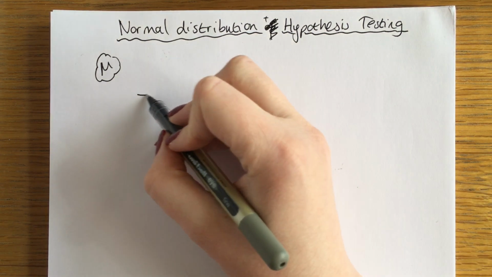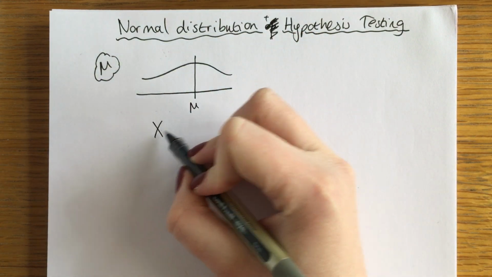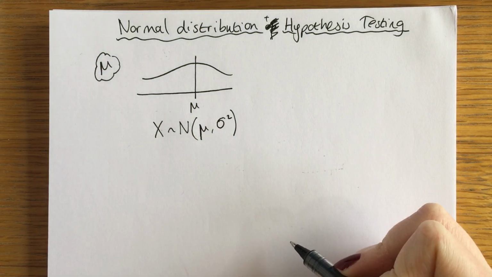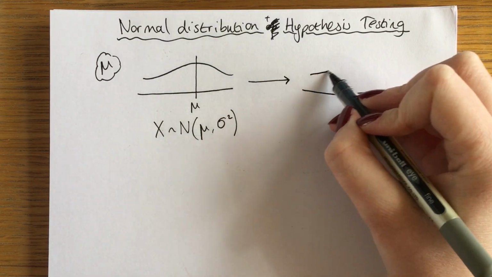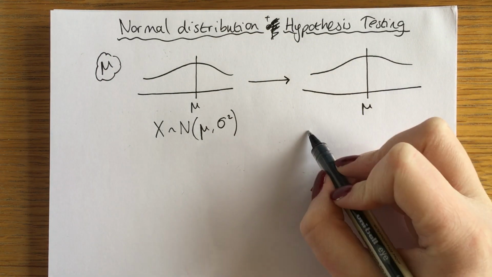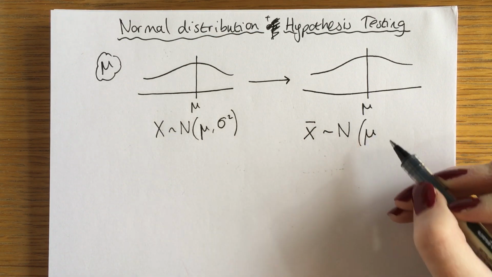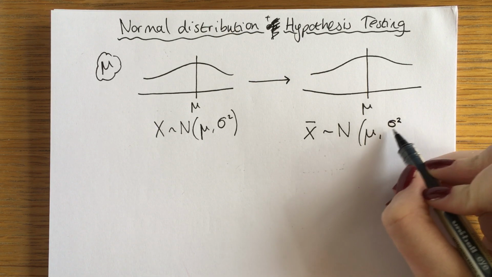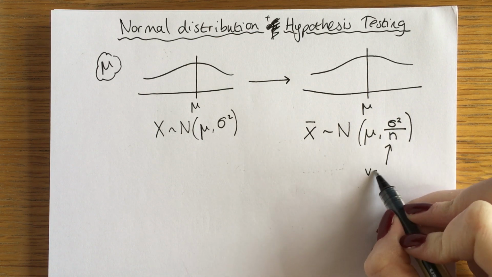And what we assume is that if we have a variable x which is normally distributed with a mean of mu and a standard deviation of sigma, then if we were to take the means of lots and lots of different samples, we would assume the means to be normally distributed with a mean of mu still, and a variance of sigma squared over n.